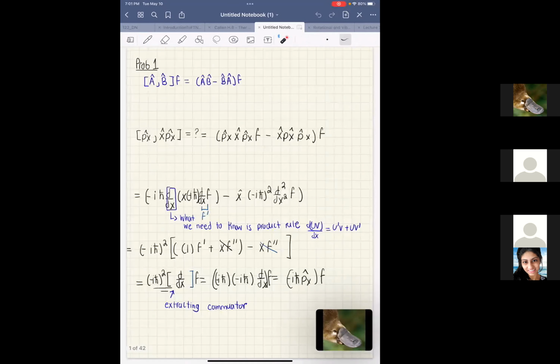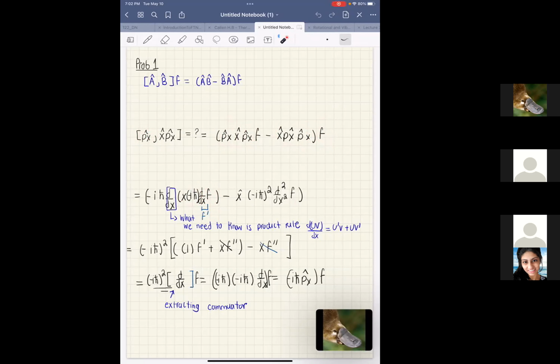To do that, what you're basically going to use is the commutator rules, like the product rule and everything. To find the commutator of this, you apply the operator that's beginning, so this one, and then reverse the operator here, and then you apply it to the arbitrary function f. When you do that, you take a derivative first, the derivative of f, and then afterwards you do a product rule with f prime and x times negative i h bar, minus x.